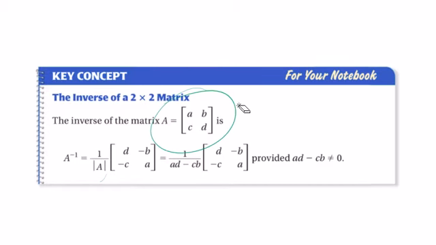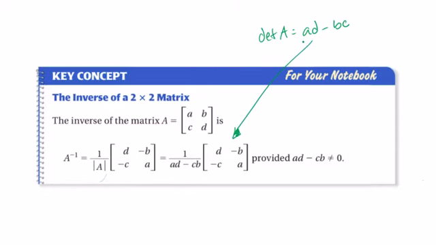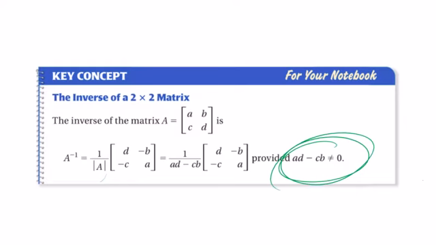If my original matrix is A, B, C, D, I swap the diagonal entries, so D and A swap positions, and then I negate B and C, keeping them where they are. I remember it because it goes with the determinant formula AD minus BC. This does say provided that the determinant is not equal to 0.